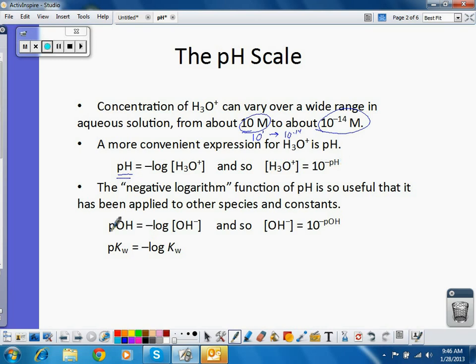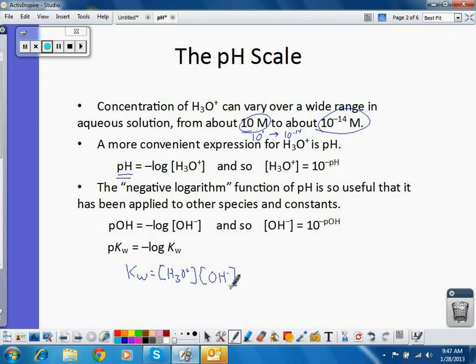So we can talk about pOH, which would be the negative log of OH minus. We can talk about pKw, which would be the negative log of Kw. So now thinking about the Kw expression, Kw is the concentration of hydronium times the concentration of hydroxide.